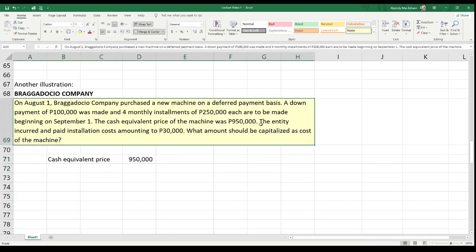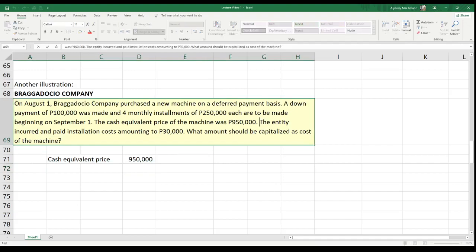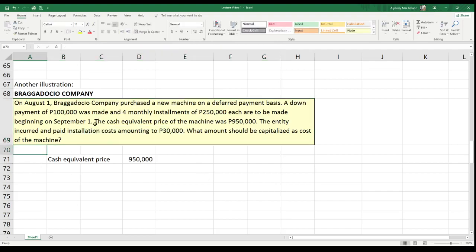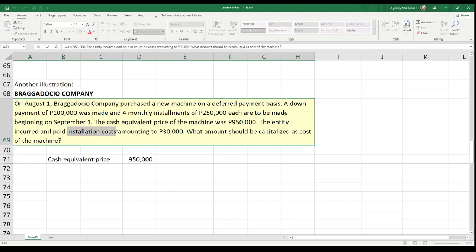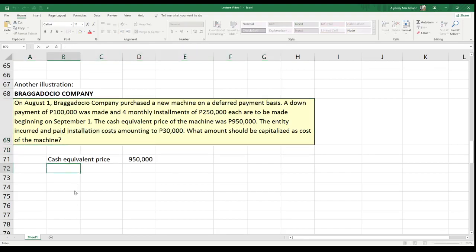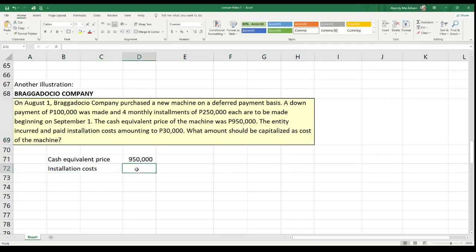And in this problem, we paid installation cost amounting to 30,000, and installation cost is a directly attributable cost. Therefore, we will have to add here an installation cost for the amount of 30,000 pesos.